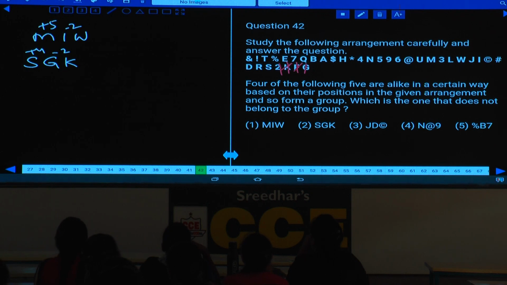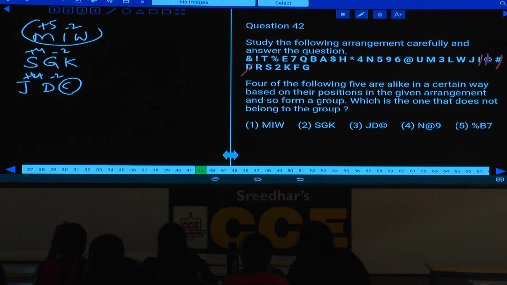Then coming to the third one, J, D and ©. J and D, 1, 2, 3, 4, plus 4, and D and ©, 1, 2, minus 2. Now plus 4, minus 2, plus 4, minus 2. Then what is the odd one here? Choice 1 is the odd one. In the remaining terms, the relation between these elements will be plus 4, minus 2, plus 4, minus 2. Done with this, that is question number 42.